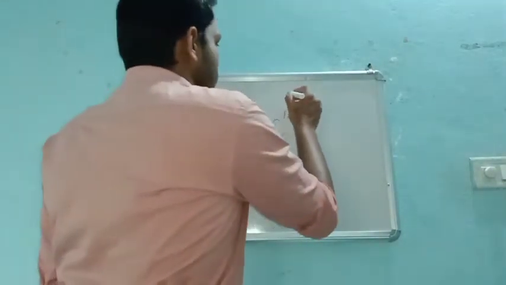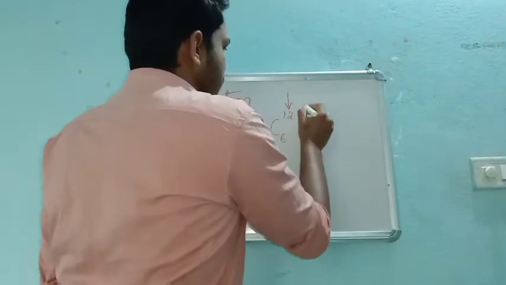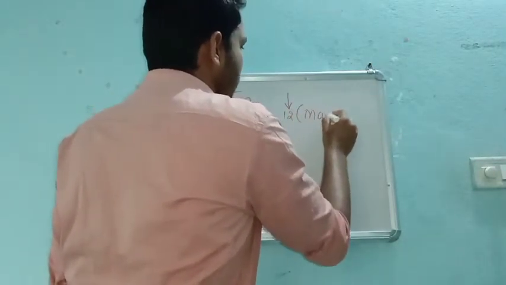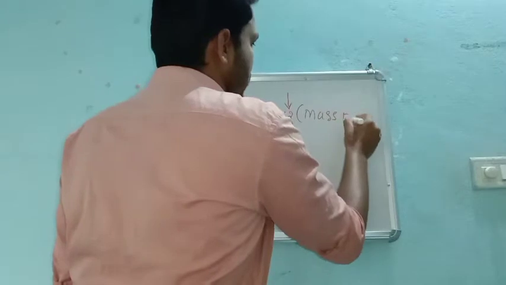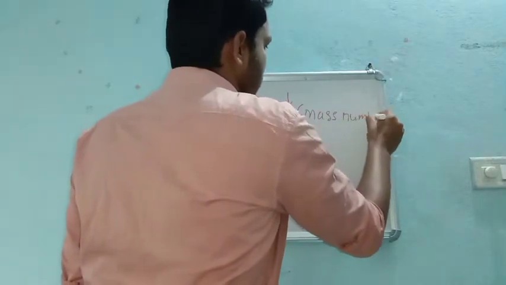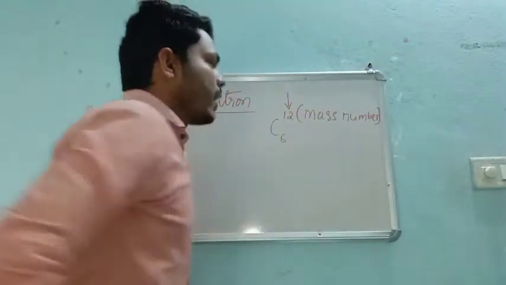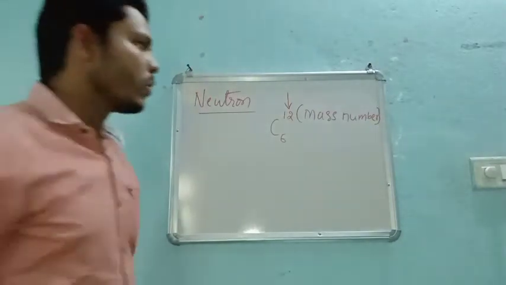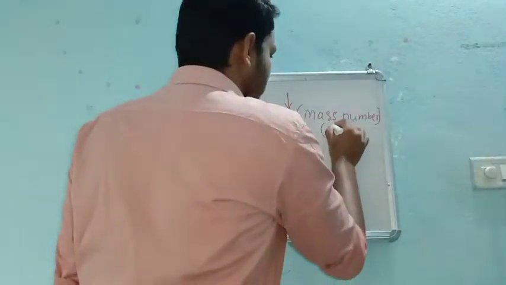So this number is called the mass number, and the mass number is denoted by the letter A, right?